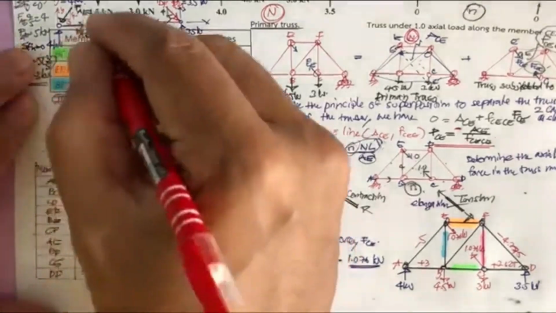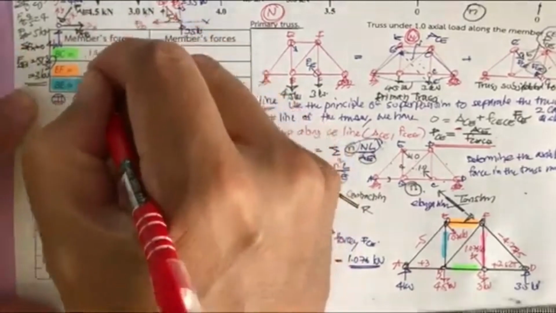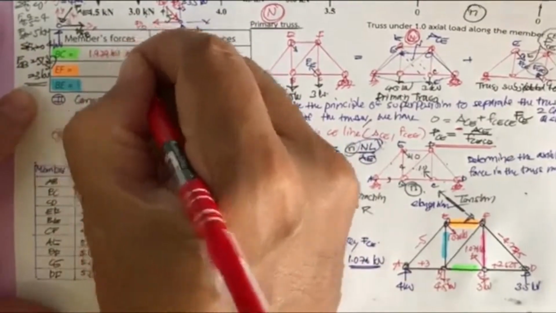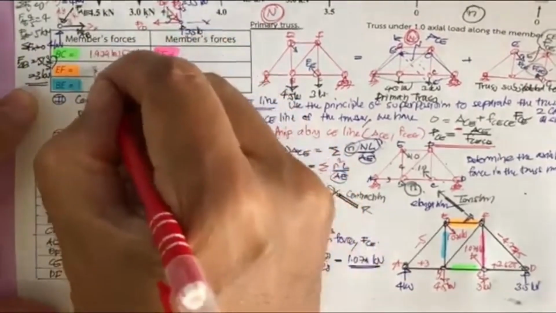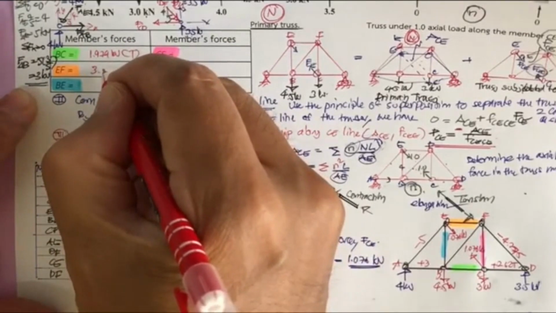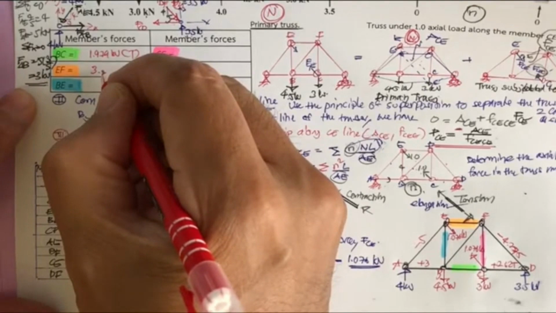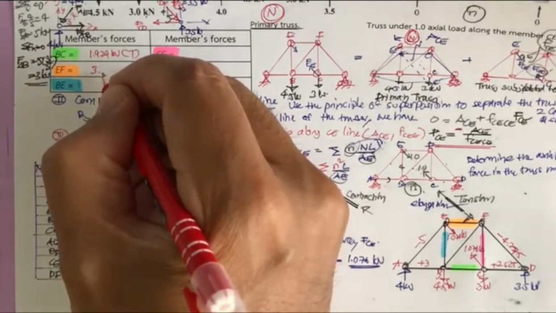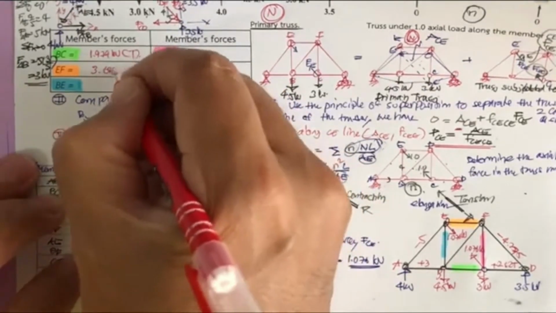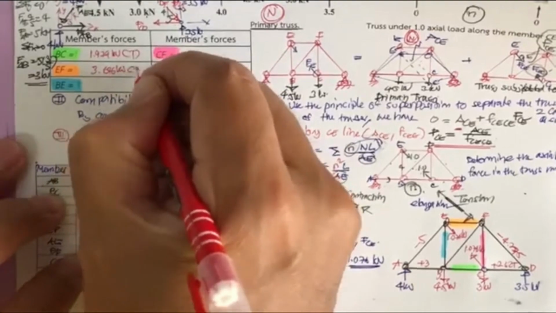Okay, after you do that, you're going to get this one for 1.979 kilonewton in tension, and 646 kilonewton in compression.